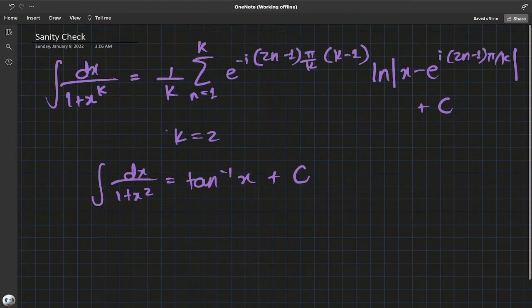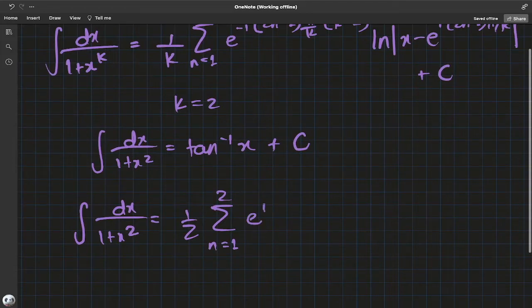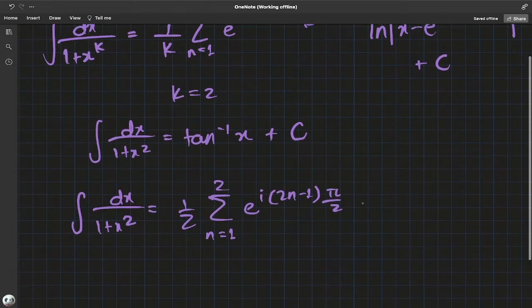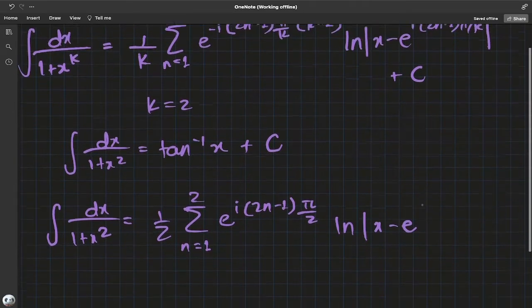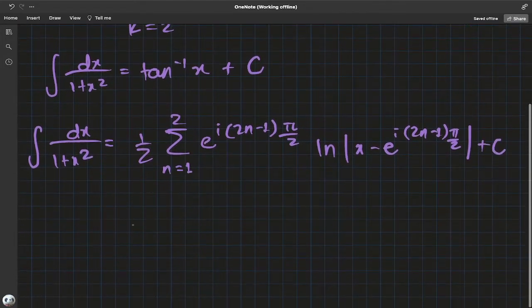So let's just plug everything in for k equals 2 in this formula. So we have dx over 1 plus x squared, a 1/2 factor, and then the sum from n equals 1 to 2 of e to the i(2n minus 1)pi over 2, and then 2 minus 1 is 1, natural log of x minus e to the i(2n minus 1)pi over 2, plus c.